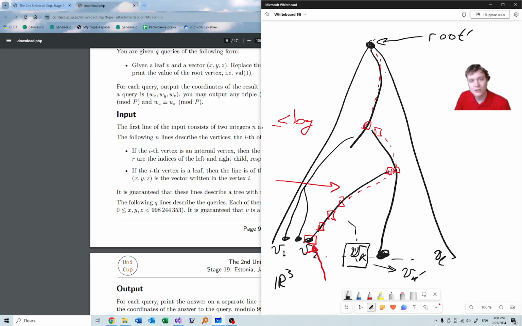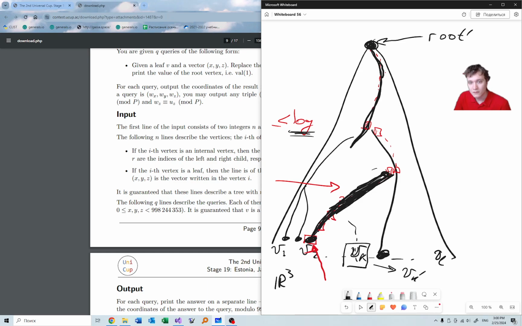And we know that although the depth of the vertex might not be logarithmic, definitely the number of heavy paths on the path from the vertex to the root is at most logarithm. So this is known in heavy light decomposition. It's known how to do it.